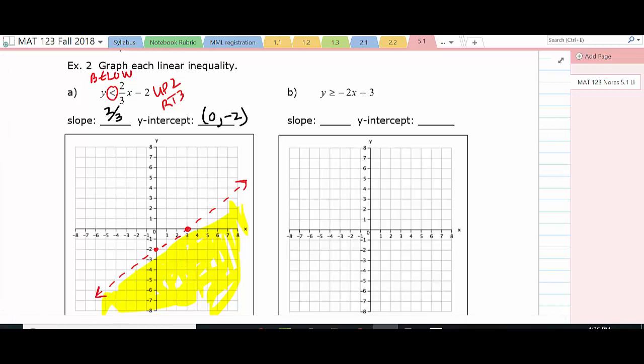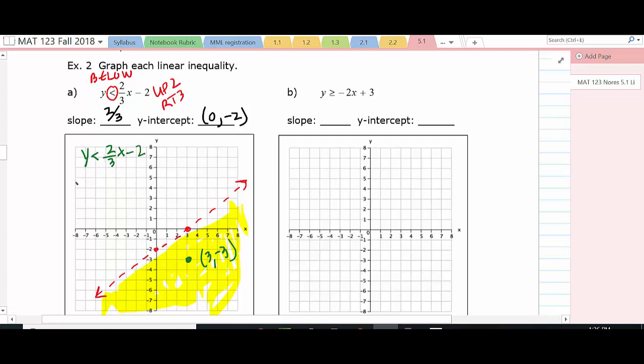Now here's the meaning of this problem, and I want you to pay attention to this. I'm going to pick a point right here. I'm just randomly picking a point. That point is the point 3, -3. If I plugged that point into this inequality, what do you think would happen? Would it work or not work? It'd work, absolutely.